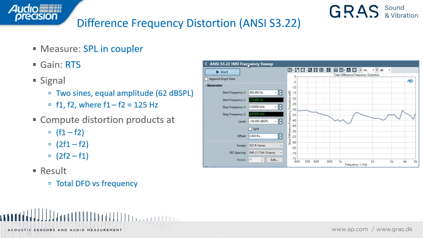As you can see here, we have a measurement called ANSI S3.22 IMD frequency sweep, a brand new measurement that we've just added to the APX software as of version 6.0.1, which is the latest version currently available on our website.